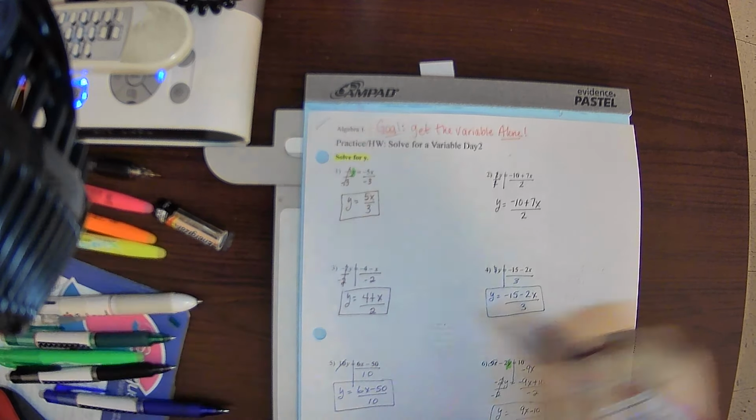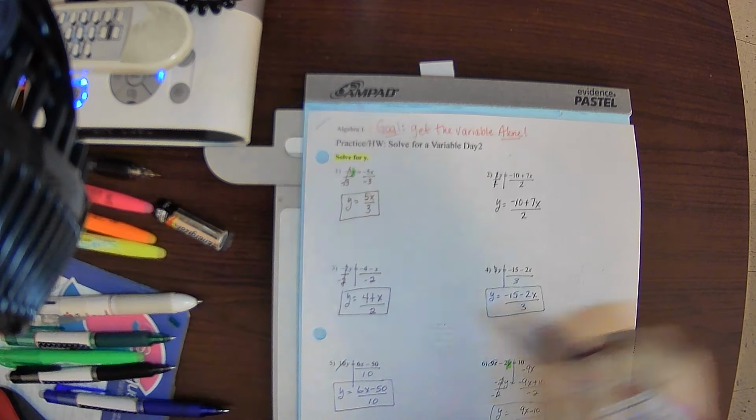Okay? Let's look at number 4. We're going to practice a couple more of these. 3 is being divided into both of these. Negative 15 divided by 3 is a negative 5. Negative 2 divided by 3 is not a whole number, so we leave that as a fraction. Negative 2x over 3.